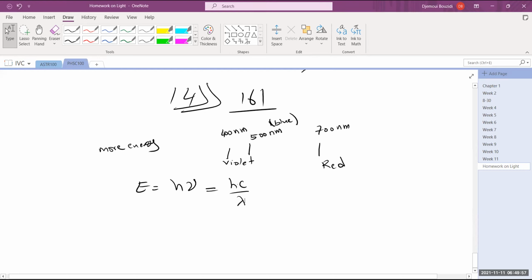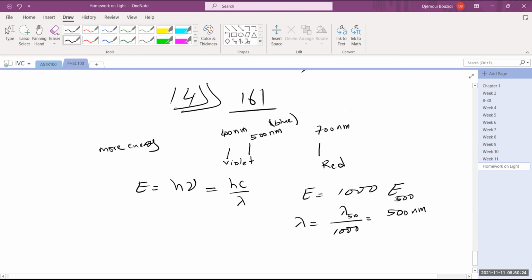So if the energy is 1,000 times that of the 500 nanometer wavelength, then in this case, the wavelength must be 1,000th less. So the wavelength needs to be 1,000th of the 500 nanometer, which is exactly 500 nanometers.